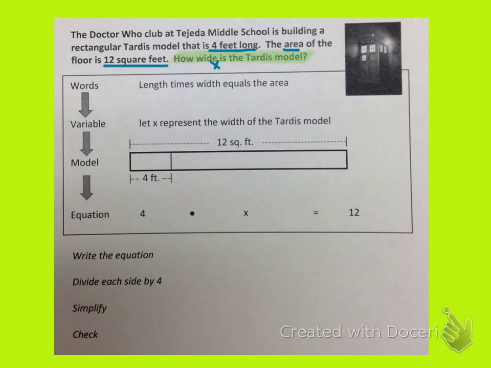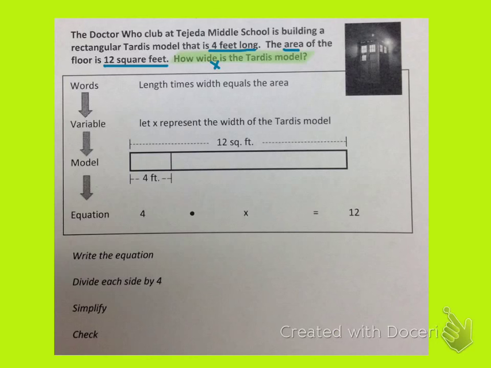We're going to take the most important words from the problem and rewrite them. So length times width equals the area because it's a rectangle. X represents the width of the TARDIS model, and then we have a model here that shows us that 4 times something is going to give us a total of 12 square feet for the area.